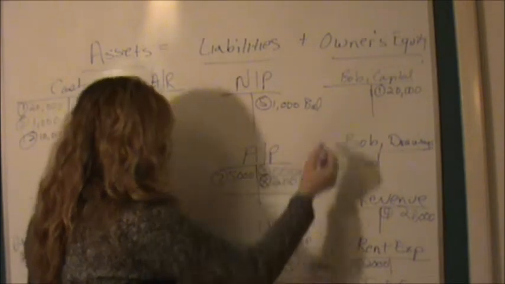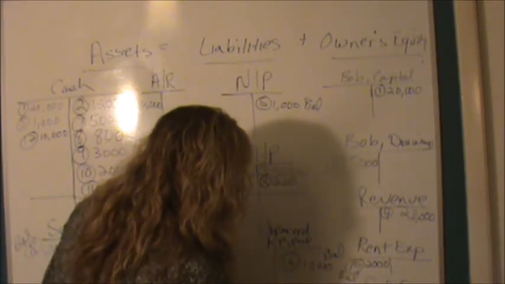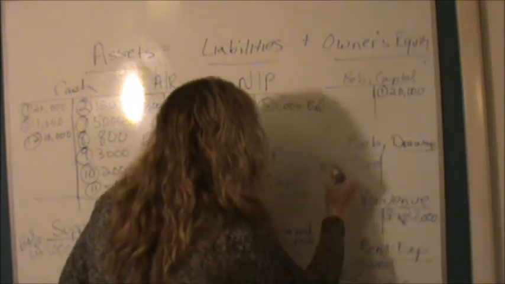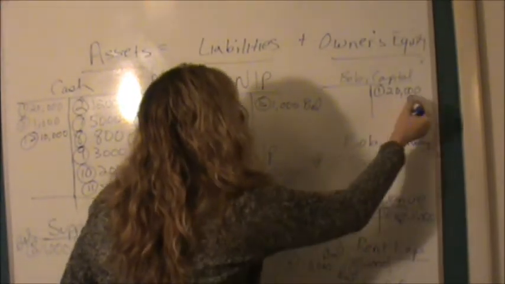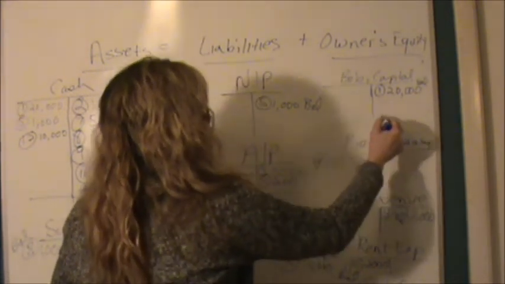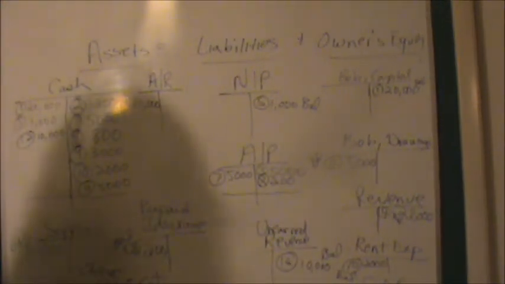So it's easy enough. These are our balances. Generally you'd put a line under it and have the amount and then put balance, but we don't have enough room.